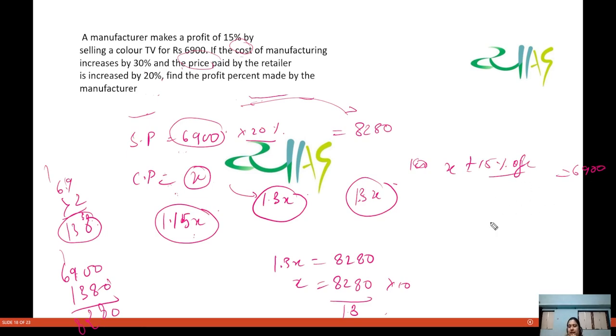So how will we calculate this? This is 1.15 times x. This is 6900 into 100 divided by 115.